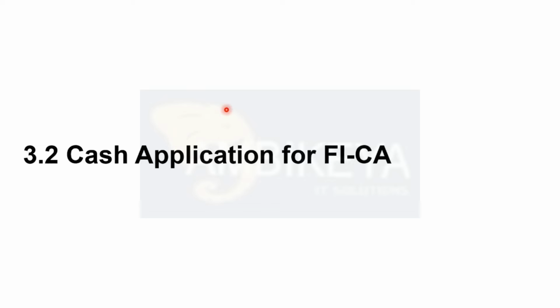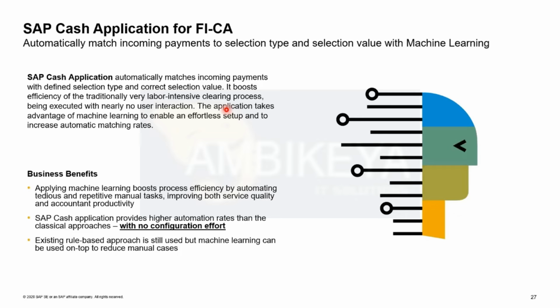Coming to the next topic, cash application for FICA. There's another cash application for FI-AR, and FICA has a little bit of a different approach. Like in FI-AR, we do not do line item matching in FICA.